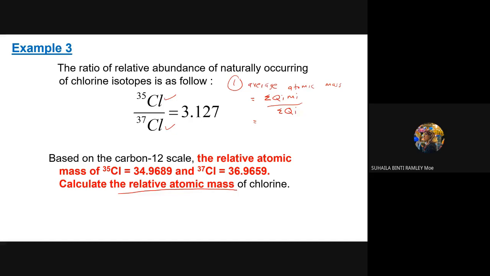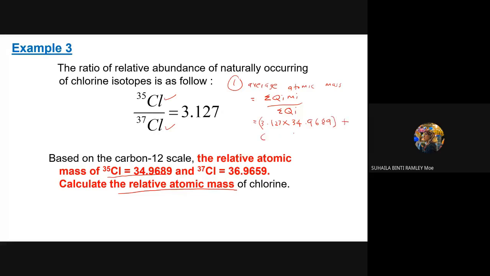Given quantity, what is the mass of chlorine 35? 34.9689. What is the quantity or ratio for this isotope? 3.127.